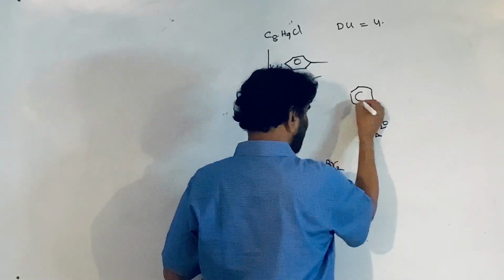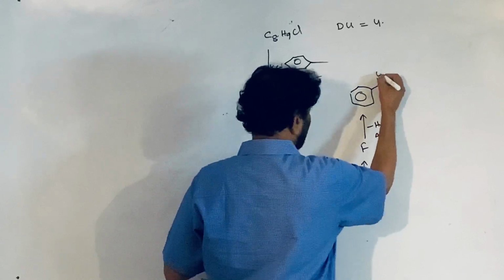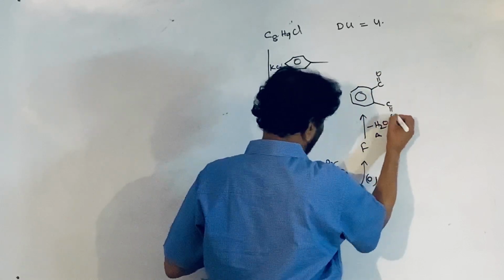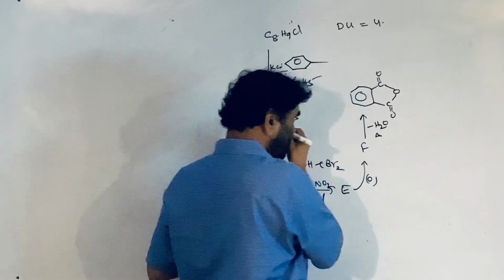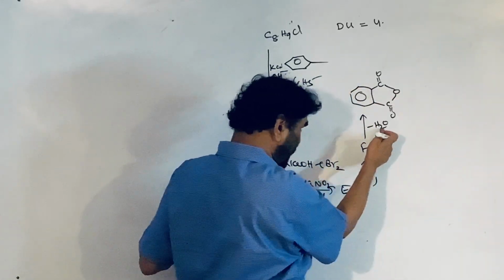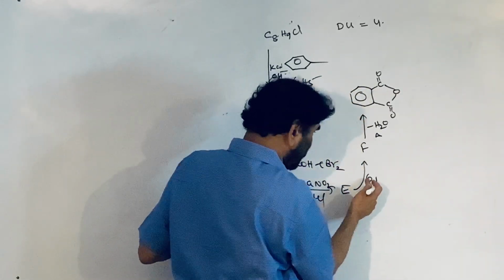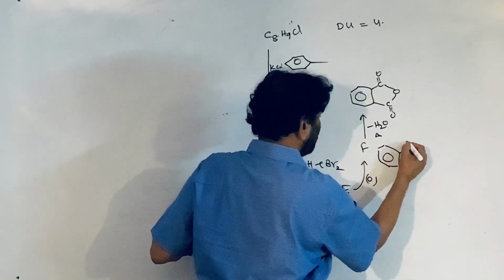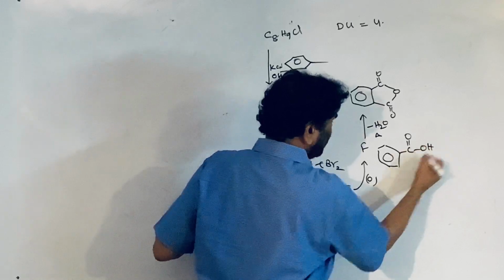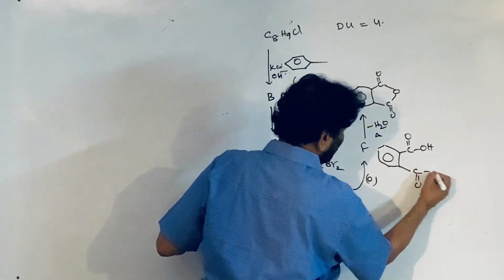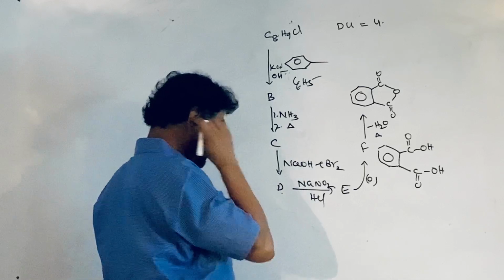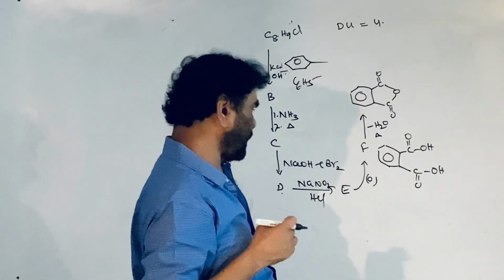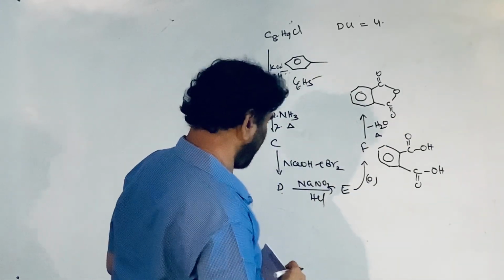So it is clear that the final product is phthalic anhydride. To form the phthalic anhydride by losing water, this should be phthalic acid. A dicarboxylic acid on heating gives phthalic anhydride, by losing water it converts into the cyclic anhydride.